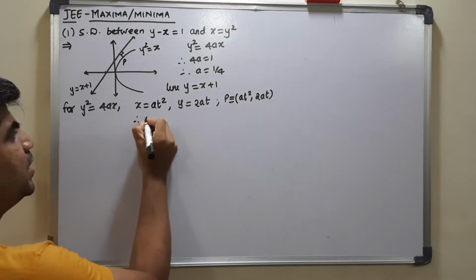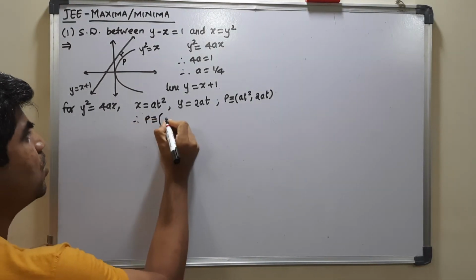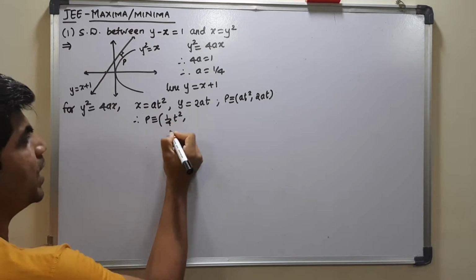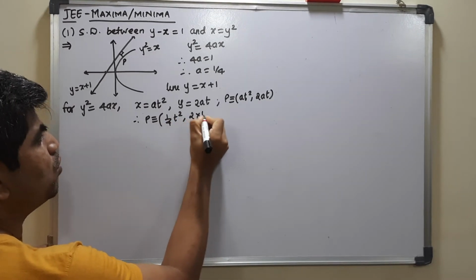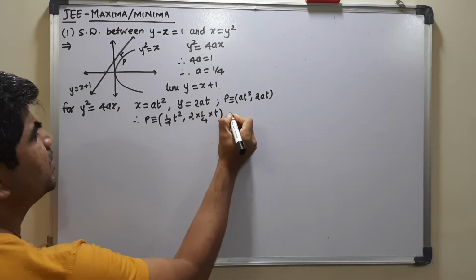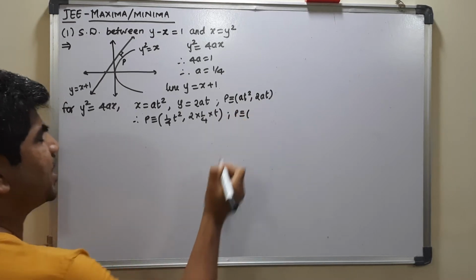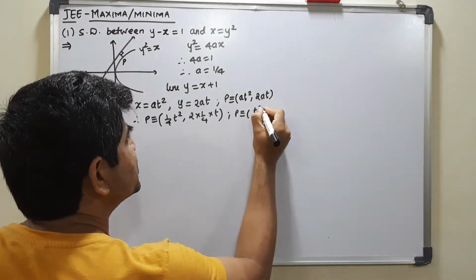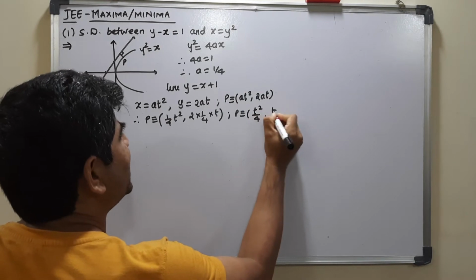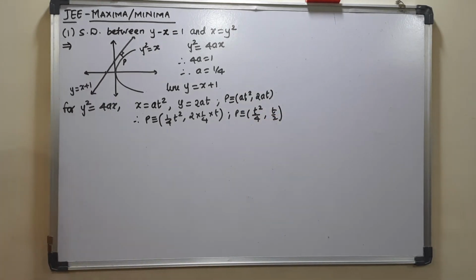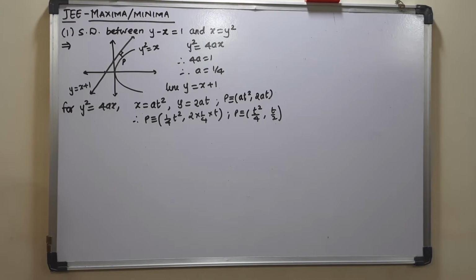So obviously you will get this P representing 1 by 4 t square comma 2 into 1 by 4 into t, which says that P will represent t square by 4 and t by 2, right?